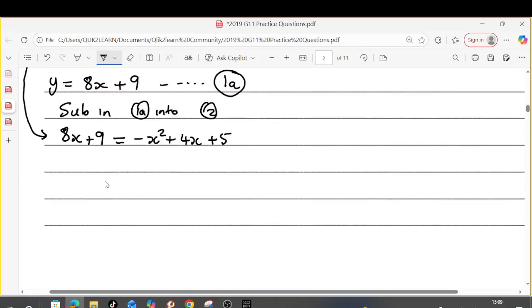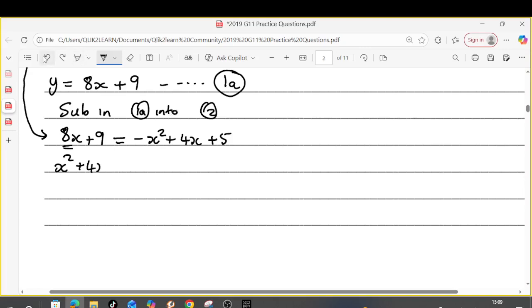We need to group. I prefer we move everything, because the x squared is negative. Let's take the x squared part to this side to be positive. Then I'll have minus 4x, not plus 4x. Let's fix that.